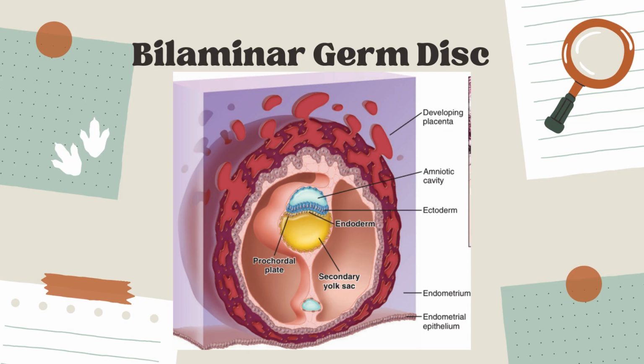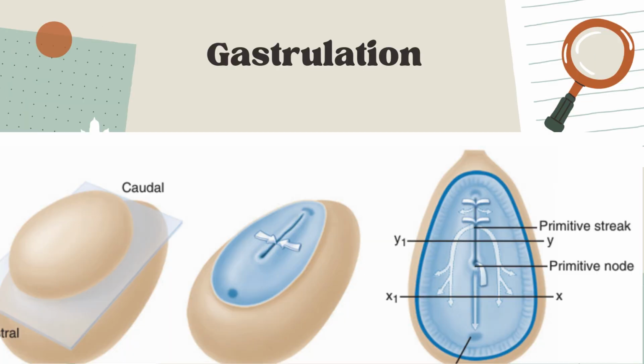During the third week of development, the embryo undergoes a major transformation called gastrulation. This is when the bilaminar disc becomes trilaminar, containing three primary germ layers. It starts with the appearance of the primitive streak on the epiblast surface.